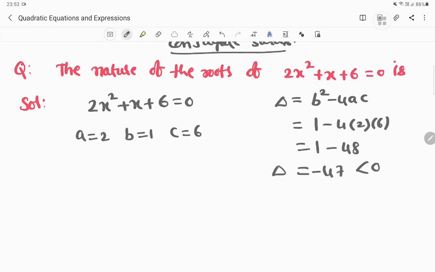Delta is less than 0. Whenever delta is less than 0, roots are imaginary, conjugate complex numbers.